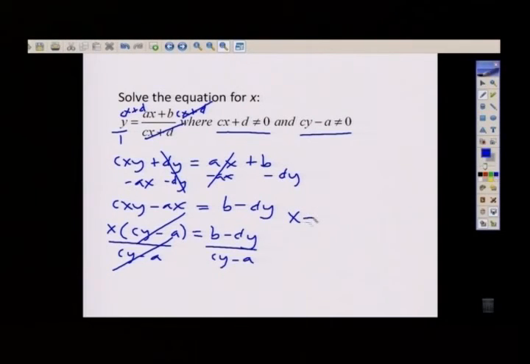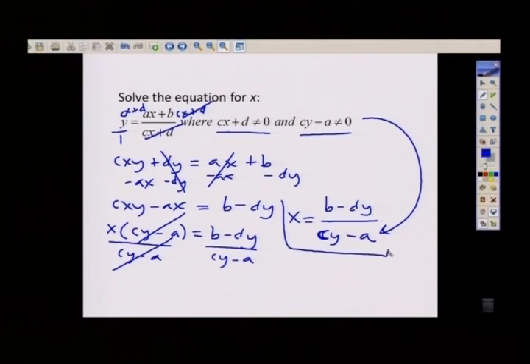So x is equal to b minus dy divided by the quantity cy minus a. And now you see why in the beginning of the problem we had that restriction that cy could not equal a. cy minus a could not equal 0. So there is our solution.